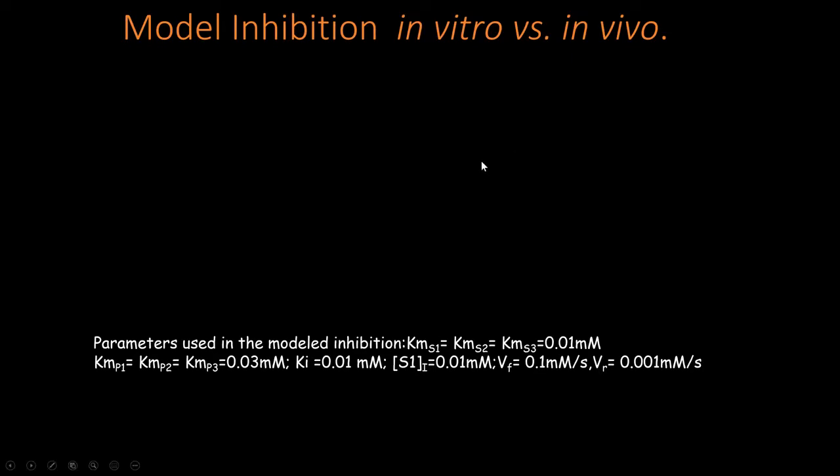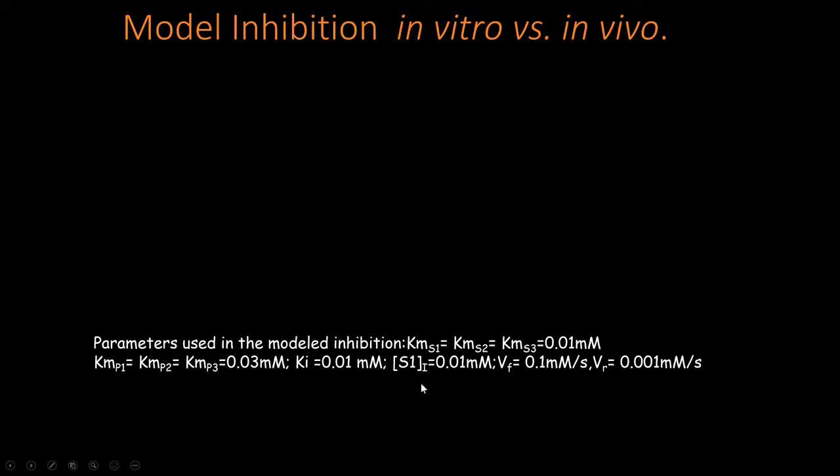Now, this is a simulation we did a long time back with a trainee, where we took, let us say, a reaction, many reactions maybe, and there are at least 3 reactions, S1, S2, S3. Let us say that all the reactions are happening with the same Km value, and their product rates are also the same, etc. The substrate rate is the same, and the inhibition, if I want to inhibit them, is Ki, which is millimolar.